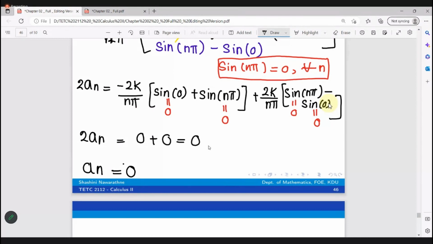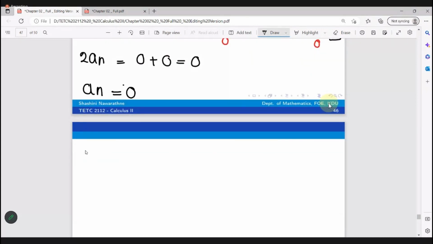At least there should be one coefficient. So let's find Bn as well. Tell me the expression to find Bn.